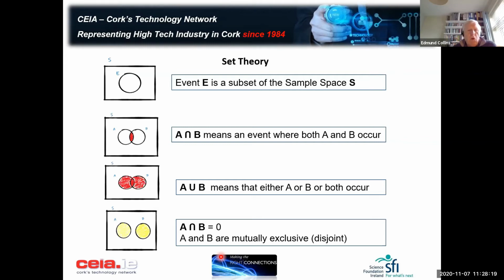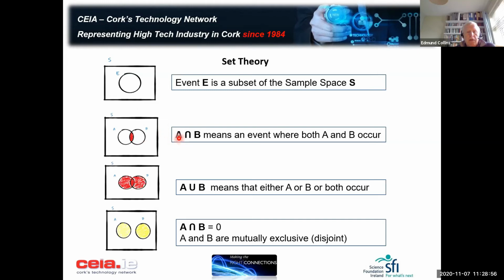Normally what's shown is that the sample space is the box, the rectangle here, and that's why S is shown outside of that. So that indicates the total sample space. And then within that, there's the event E, the circle here. The event E is always a subset of the sample space.